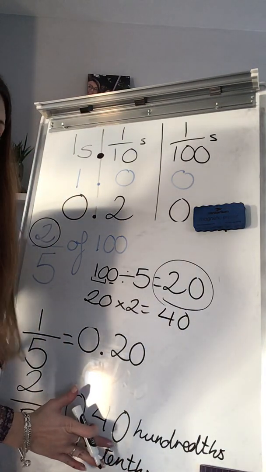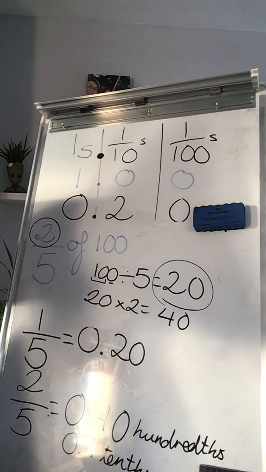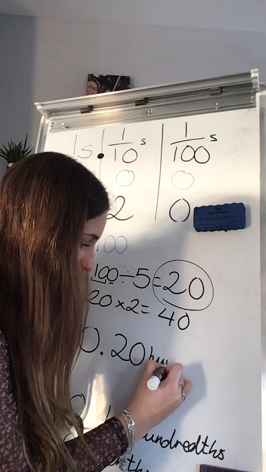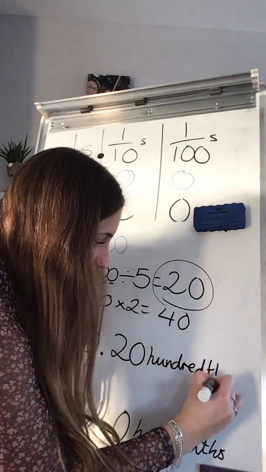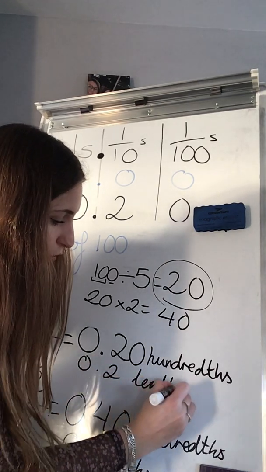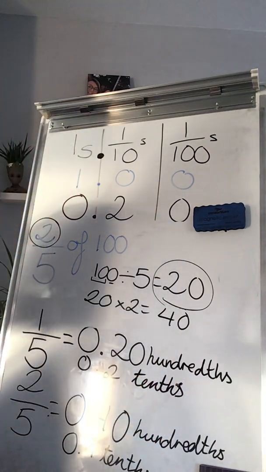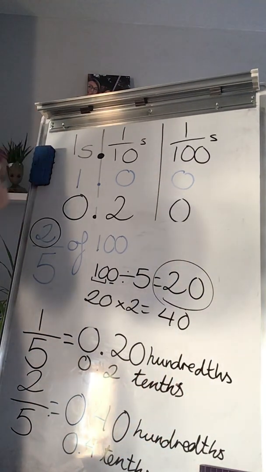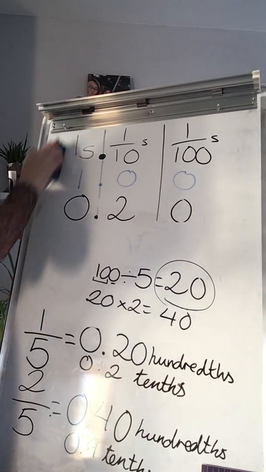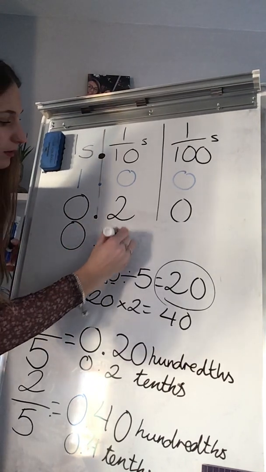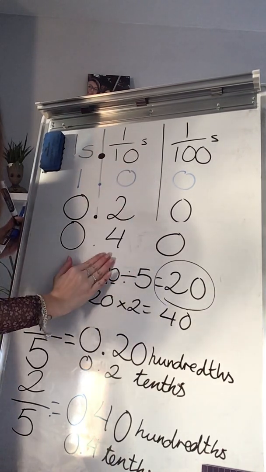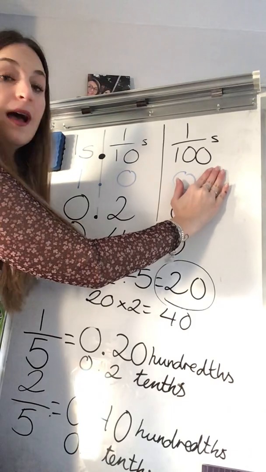Because remember that 0, you can count it if you want, or you don't have to. So that 20, if you use 20, it will be hundredths as well. And if you use 0.2, you will need to say 0.2 tenths. Okay? Can you see that clear there? Can you see that if I am doing 0.40, I just read it as 0.4 tenths or as 0.40 hundredths.